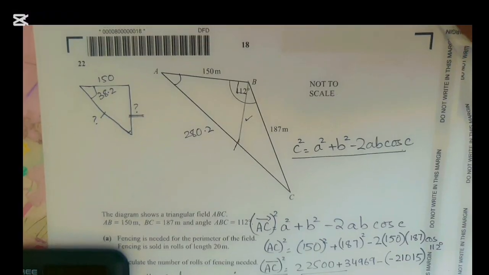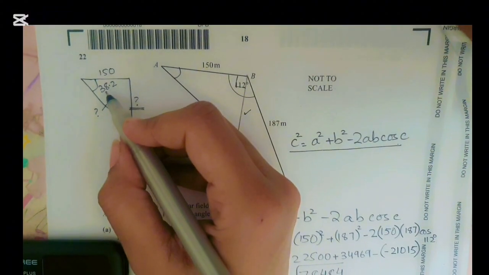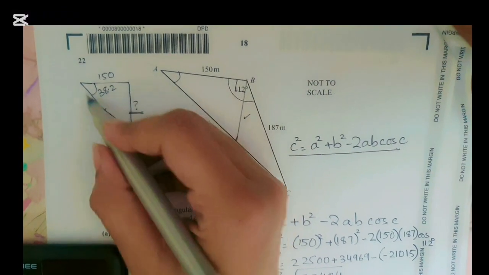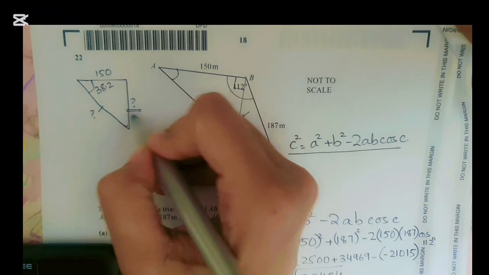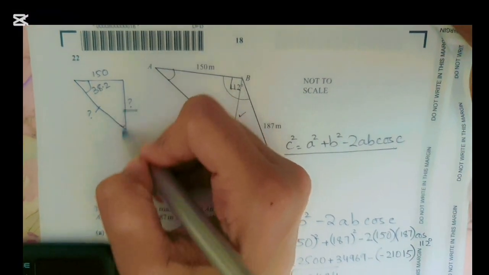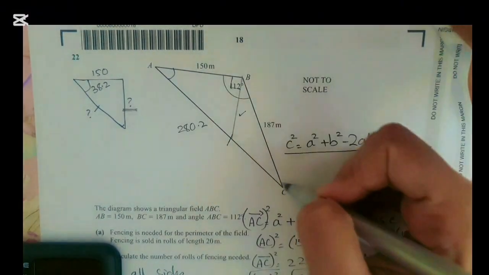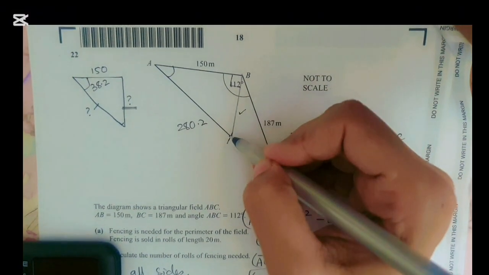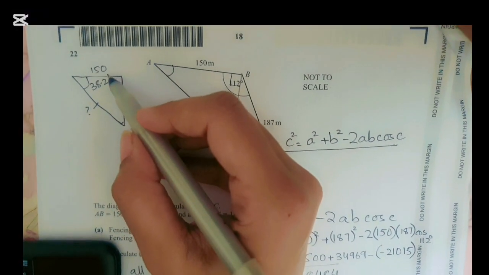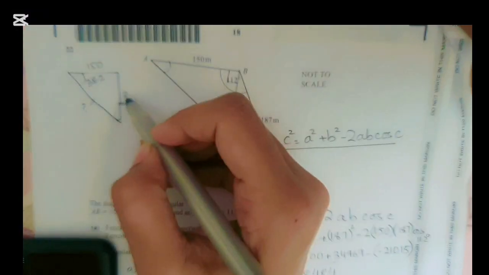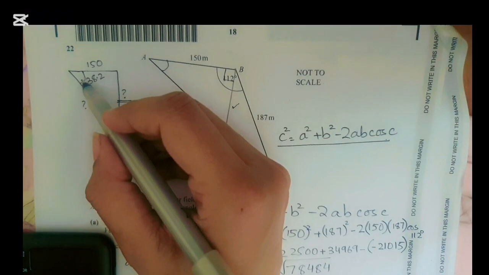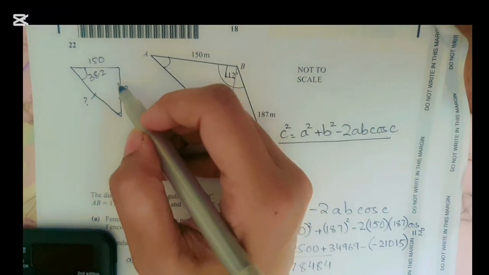is our angle, and now we have to find this side. This side is our shortest distance from B to AC. This is line AC and this is B, and we have to find the shortest distance. So we have to use these two, and we know this angle, so I think we have to use the tan formula.